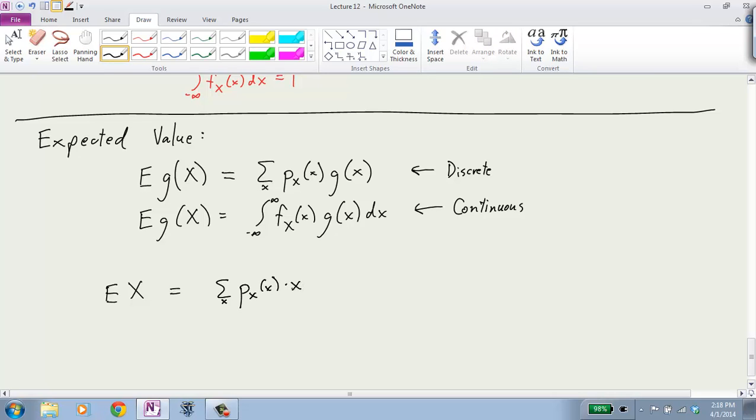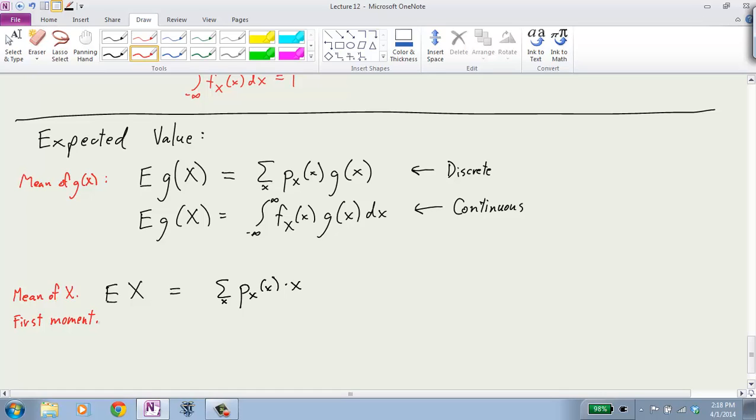Like I said, this is the mean of g of x, and this here is just the mean of x, right? Or we sometimes call this the first moment of the distribution.